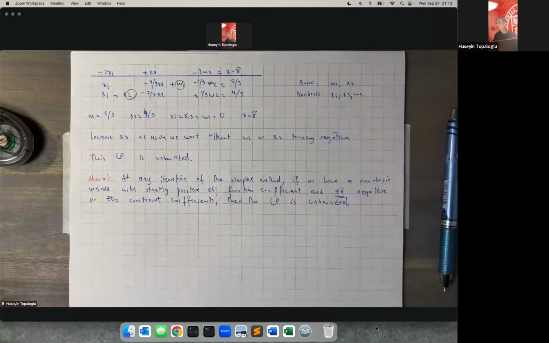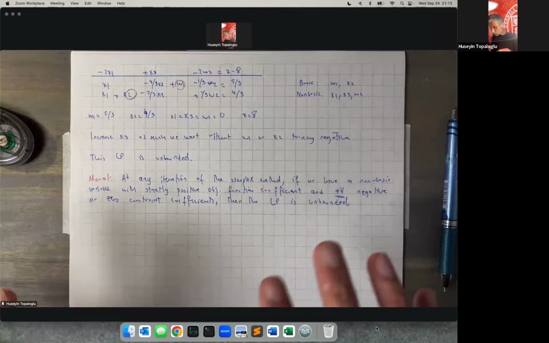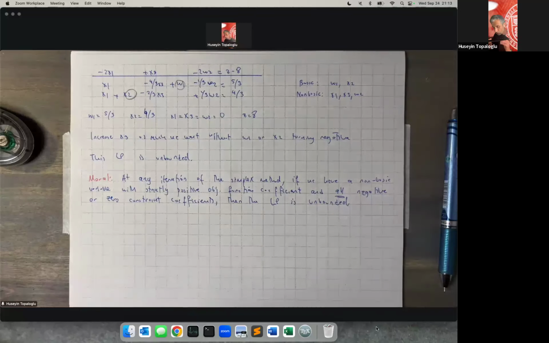Okay. So you may have bought my argument, or you may not have. What we're going to do next is construct a concrete solution to this linear program, such that you're going to see undeniably that I can come up with as large an objective value as I want for this linear program without violating feasibility.